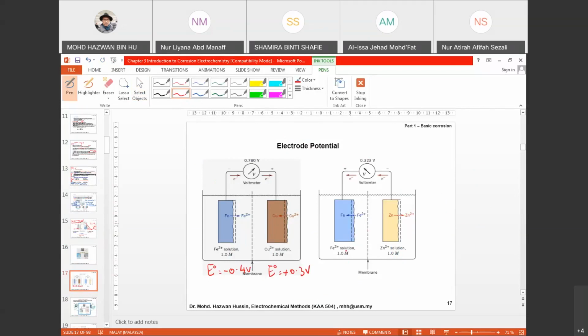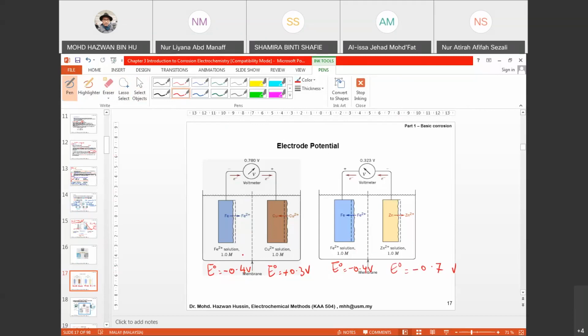And you have another pairing, which is iron with zinc. Iron is still the same, minus 0.4 volt. And for zinc, the standard potential is equal to minus 0.7 volt.